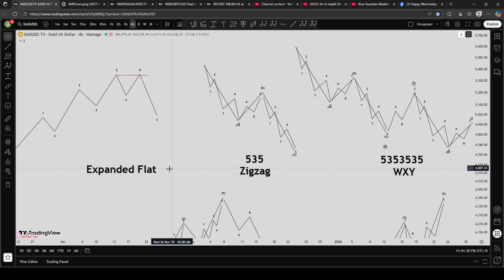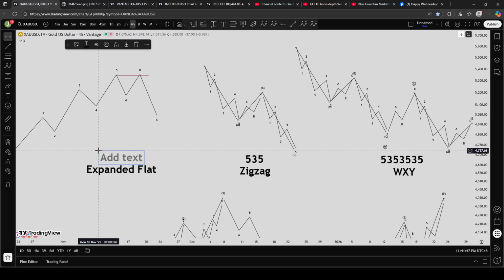Now the expanded flat is like a zigzag, but not actually a zigzag, since wave B retraces or sweeps the high of the fifth wave, so the counting would be 3-3-5.